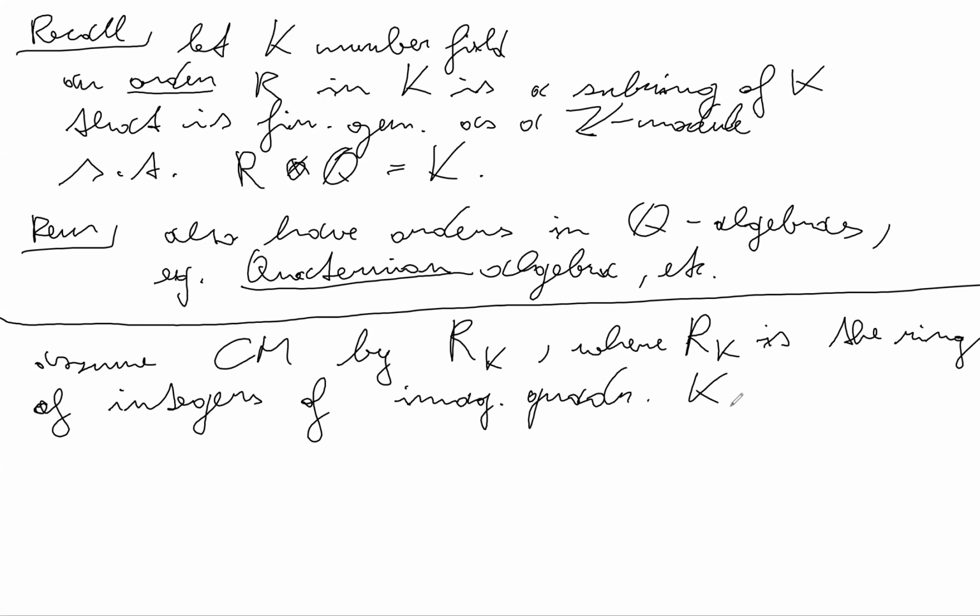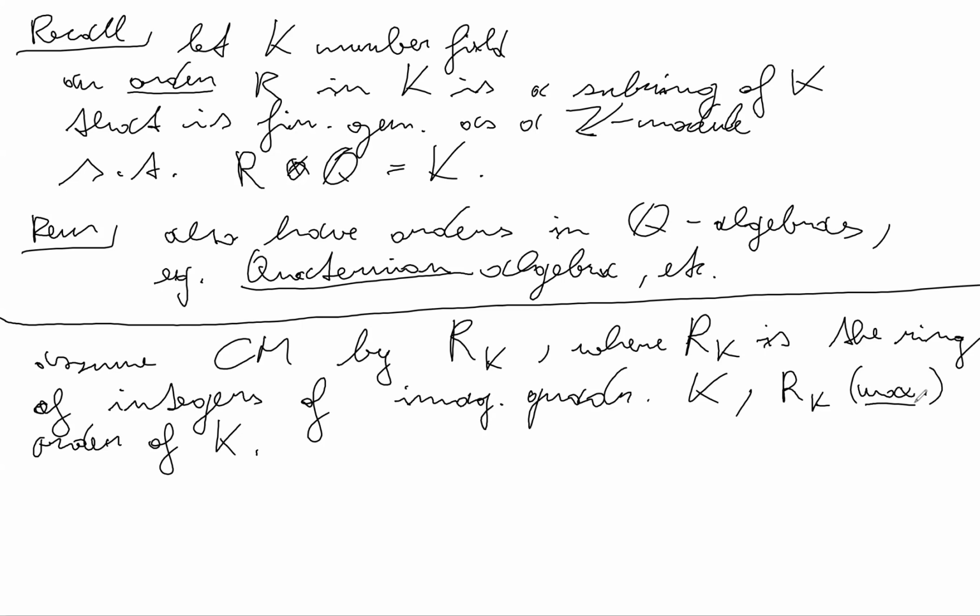And this is nice, so R_K is actually a maximal order. We said the ring of integers is certainly an order, and this is actually an order that does not sit in any bigger order. So the ring of integers is a maximal order. There could be other maximal orders, but for simplicity we're going to consider this case.